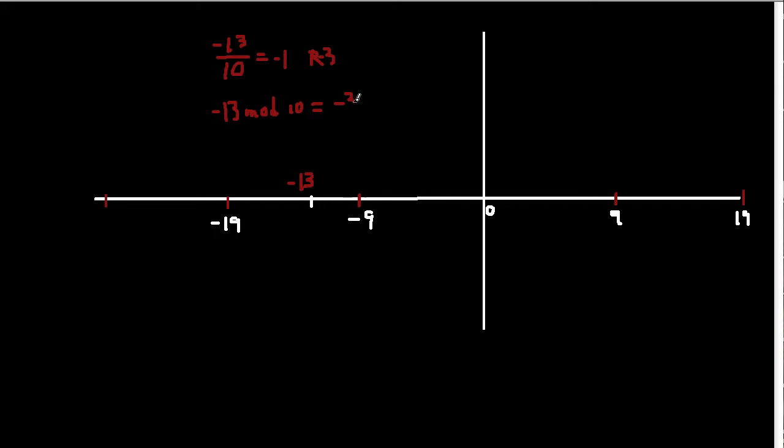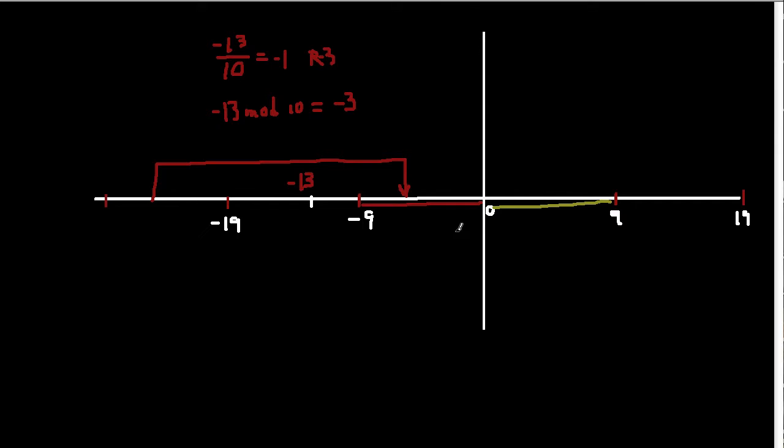But sometimes I want to do my modular arithmetic differently. Notice that what happens then is that it always takes this number, whatever it is, and puts it in this interval that goes from 0 to -9. So the negative numbers map to this interval, and the positive numbers map to this interval right here.